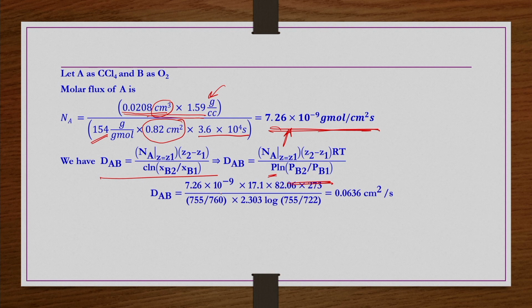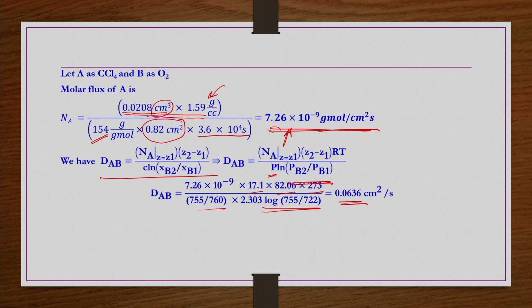R is 82.6, T is 0 degree centigrade, 273 Kelvin, and P is 755 mmHg. So 755 by 760, multiplied by 2.303 log of 755 divided by 722. That comes out to be 0.0636 centimeter square per second.